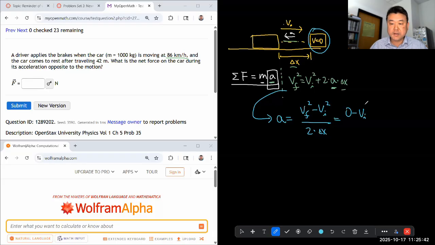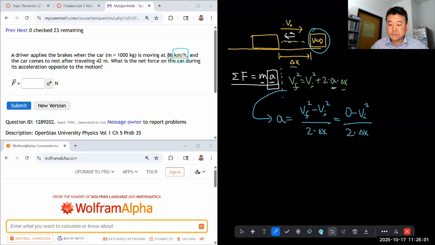Let me leave that as a symbol here, and I'll plug the number into Wolfram Alpha with the units this time, so that Wolfram Alpha does the kilometers per hour conversion for me. Kilometers per hour is not SI units, it's not meters per second. That divided by 2 times delta x.